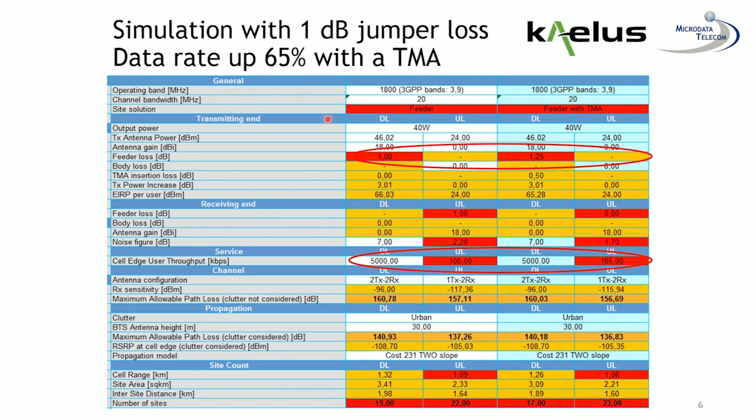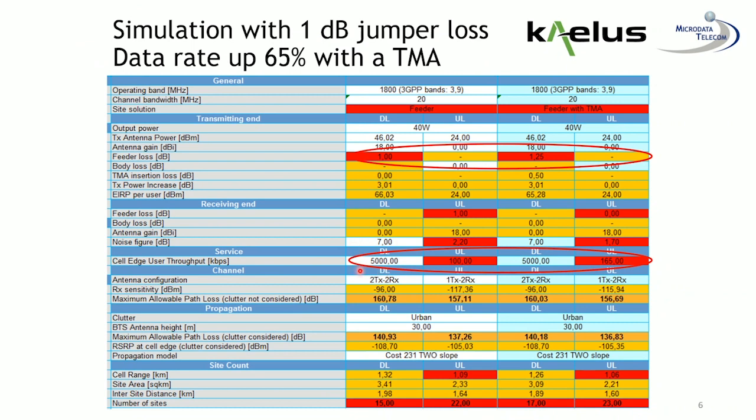So this is the result we get with 1 dB jumper loss. Same as before, 1 dB in no TMA downlink, 1.25 dB with TMA downlink due to the added short jumper. Same loss is set in downlink for the TMA, half a dB, and 0 with no TMA.